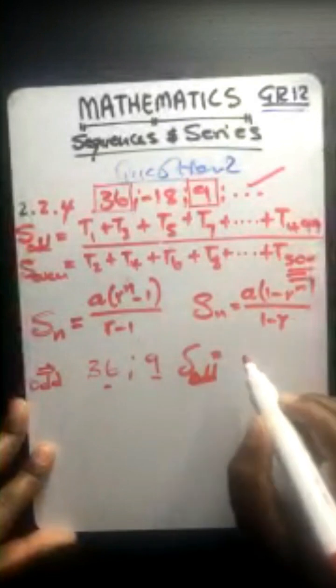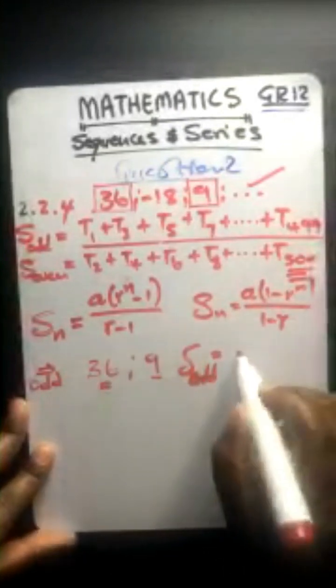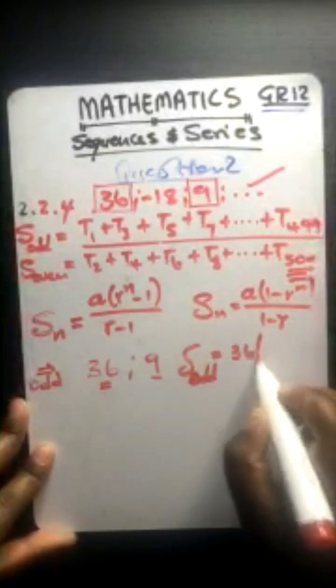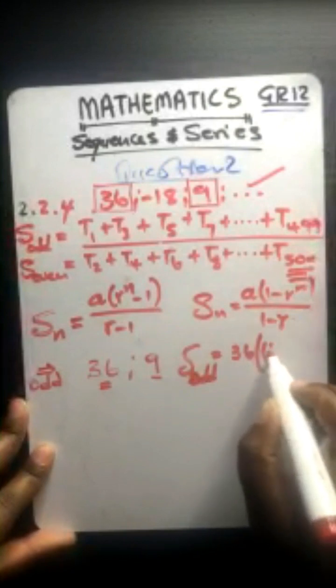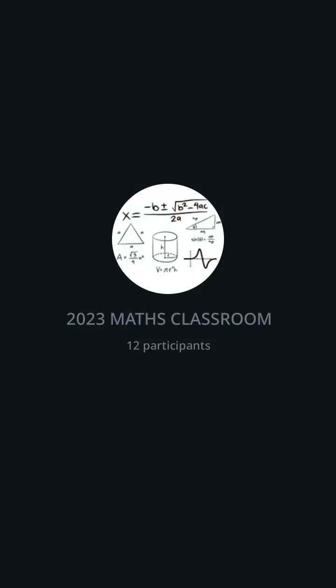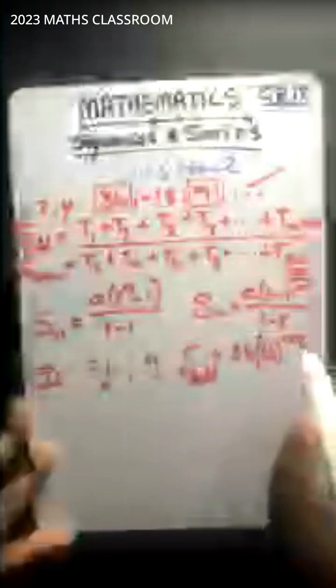So that means it's going to be A. What is A for the odd? A for the odd is 36. What is our R for the odd? What is N? That's where you put 250, because the question is, how many odd numbers are there in that sequence that ends with 500?